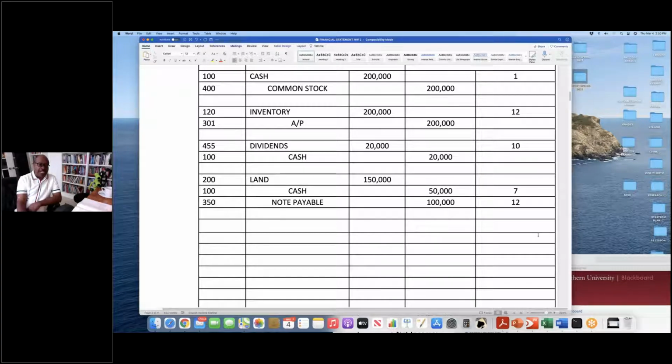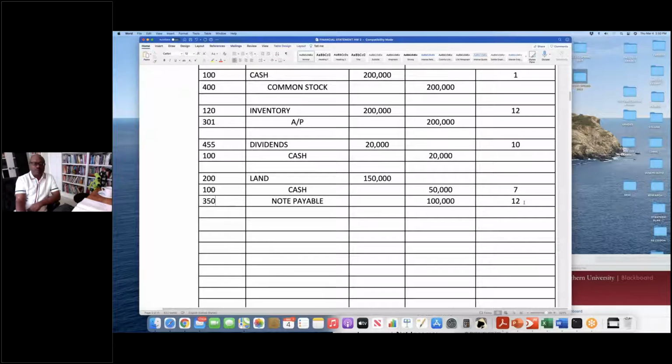What's type 12? Can I answer? A type 7 is an asset purchase with cash. 12 is purchase of this. What's a 12?